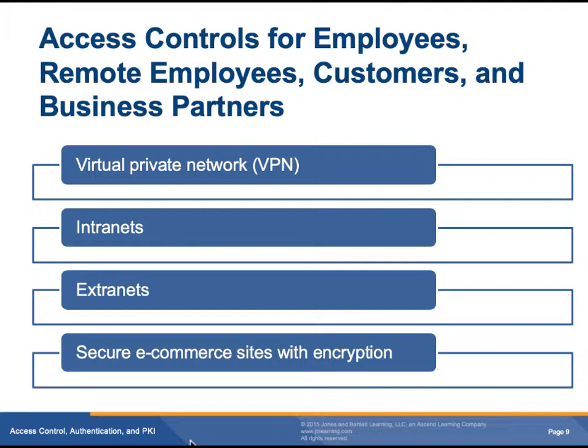Extranets are those environments that span the organization. If you're a supplier to a larger manufacturer, you may have an extranet connection to that larger organization. Secure e-commerce sites with encryption. So much of that is a standard best practice in today's environment.